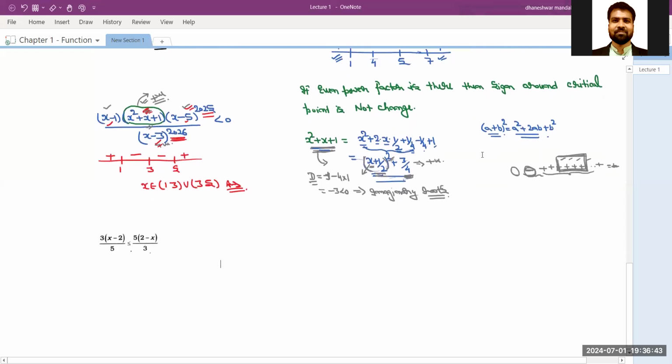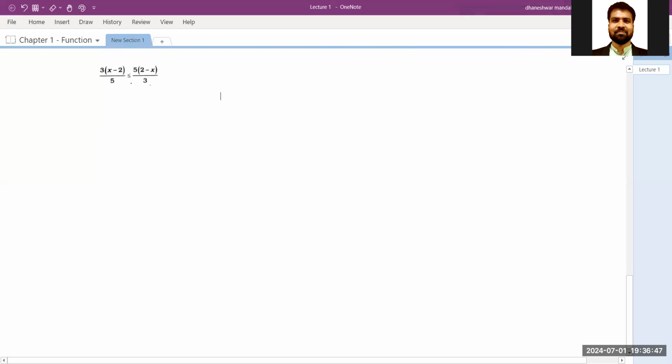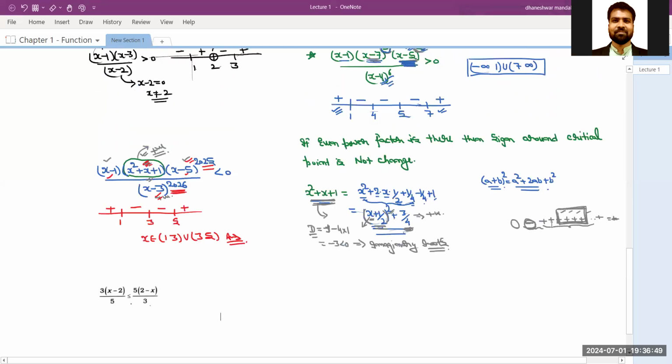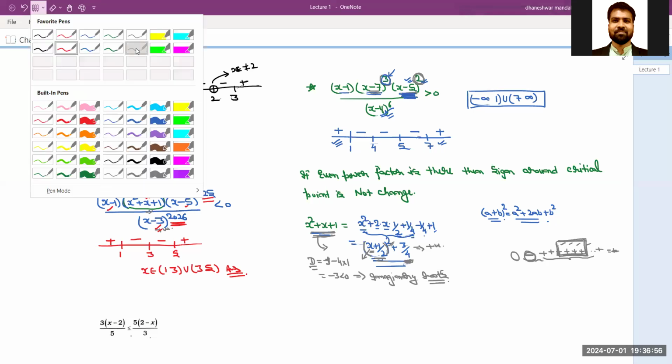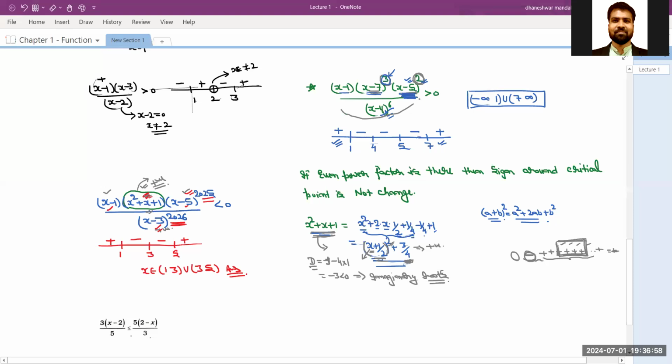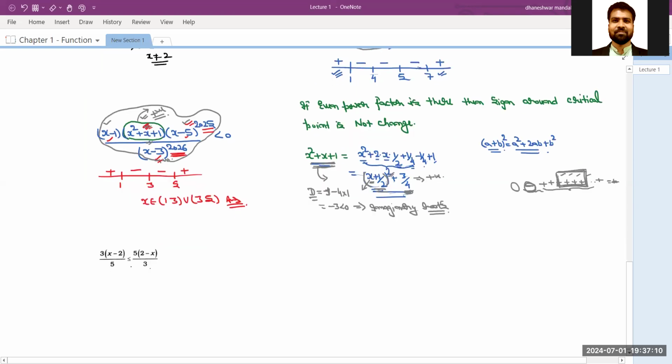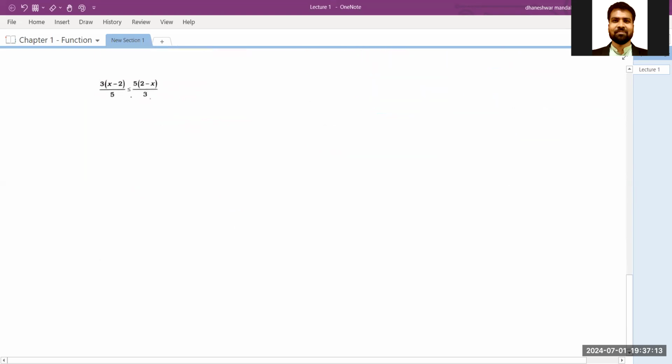Okay. So here we have an inequality. See, here we are discussing all the inequalities. In earlier ones, all terms lie on the left hand side. But in this question, we have terms on both sides, left hand side and right hand side also.